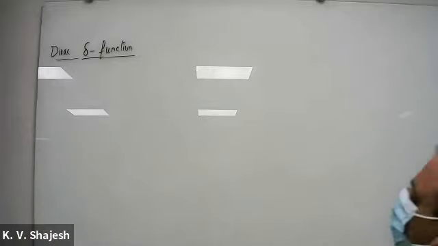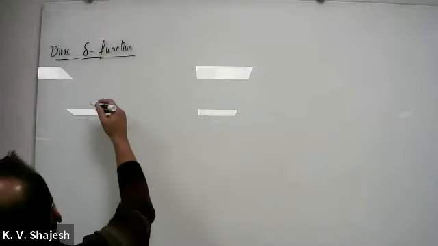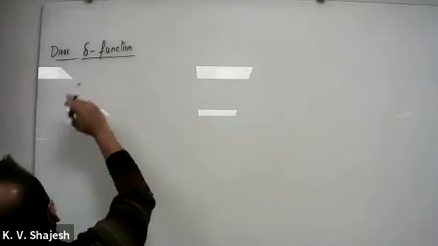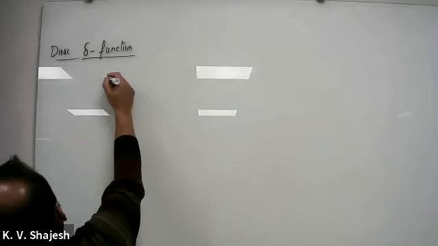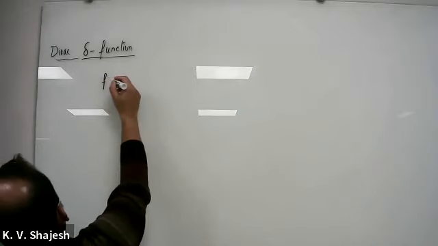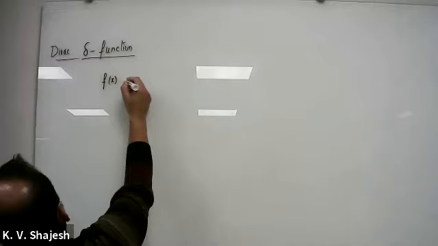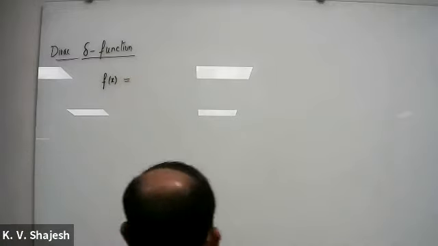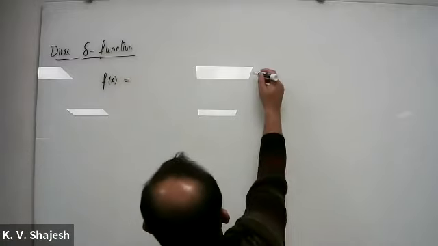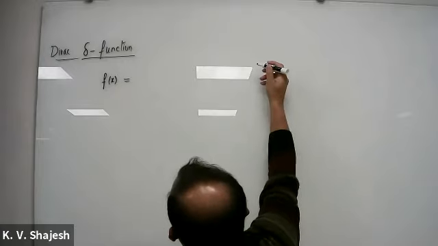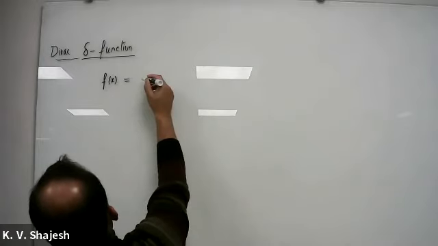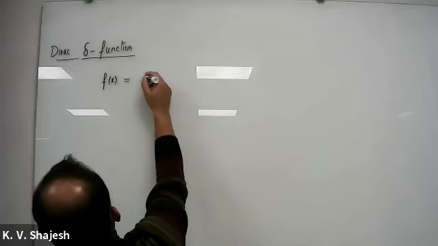So let's say we have a function, f of x. We define it, and it's best defined graphically. Let's say this is height h.